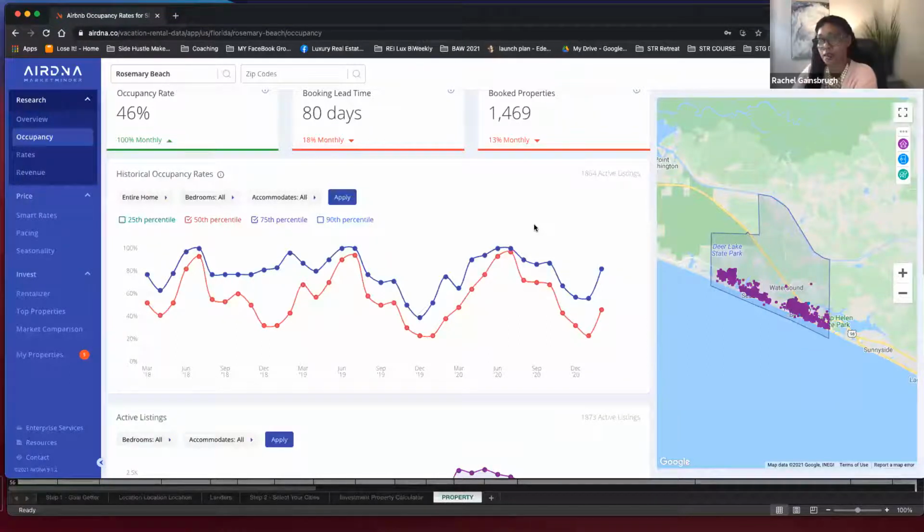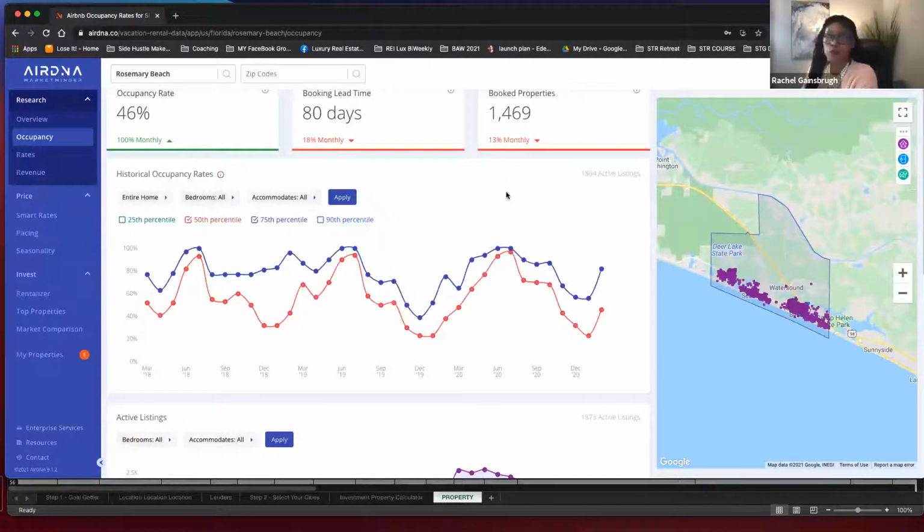This beach area has a peak and a second peak, which I believe drives it to anywhere from 9 to 11 months where you're very, very profitable, and maybe 1 or 2 months where the rates are a bit lower, but you're still profitable the majority of the year.